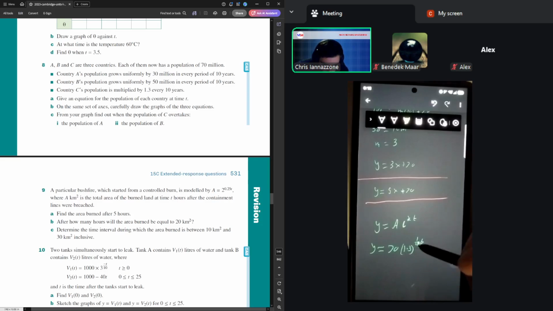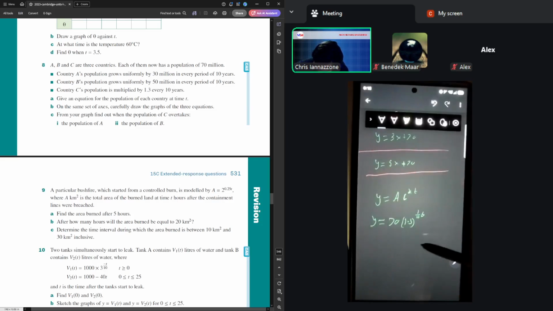Once that simplifies down to 1, you now have 70 times 1.3, which is what we wanted to have happen, right? After 10 years, t equals 10, we have whatever we started with times 1.3. At t equals 20, we'll do the next iteration, and so on and so forth.